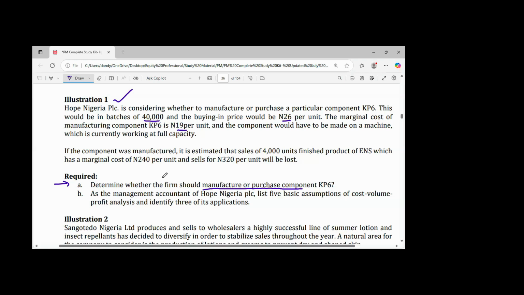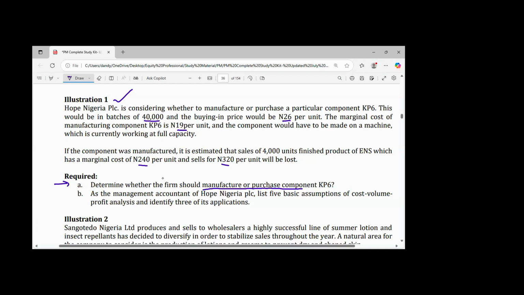That means there will be contribution lost, because if your selling price is 320 and the variable cost is 240, the difference is 80 naira. So there will be contribution loss of 80 naira per unit.